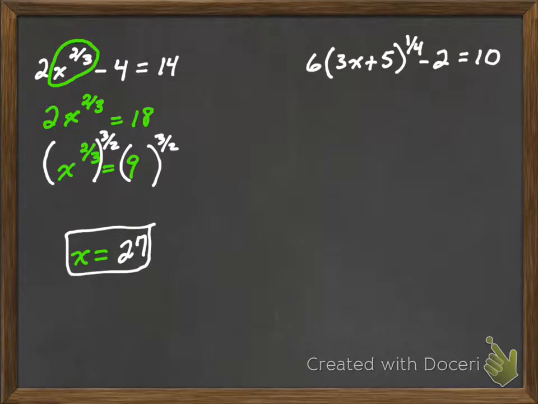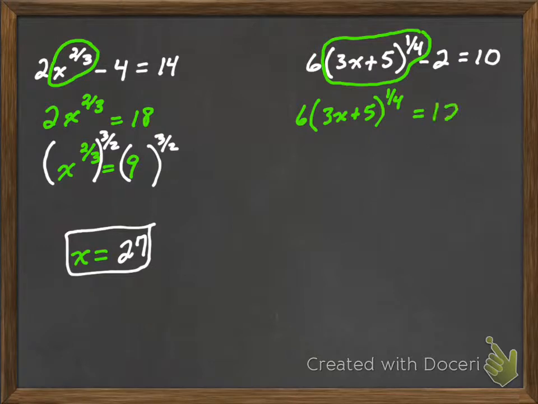All right, the next one. The radical part of this problem is this, because it's raised to the rational exponent. So we need to move the 2 and the 6 to the other side of our equation. Always start with your addition and subtraction first. That's going to give us 6 parentheses 3x plus 5 raised to the 1/4 equals 12. We then divide by 6, which gives us 2.